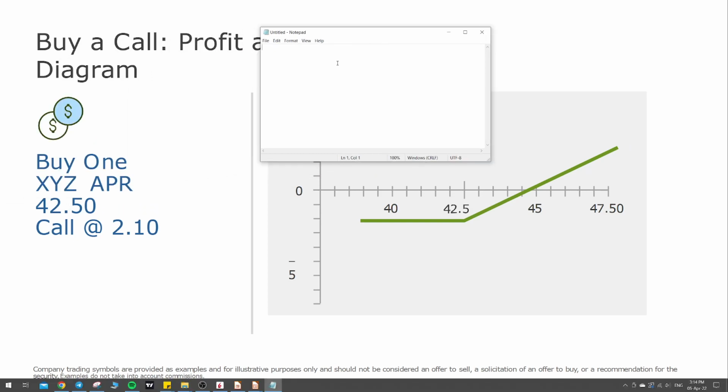Let's imagine in the same scenario, instead of paying $210 for one option contract, we buy 100 shares at 42.5. So in this case, our total investment is going to be this one.